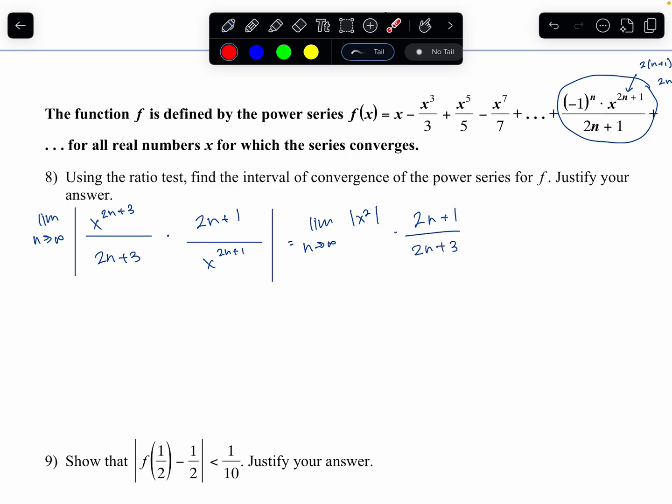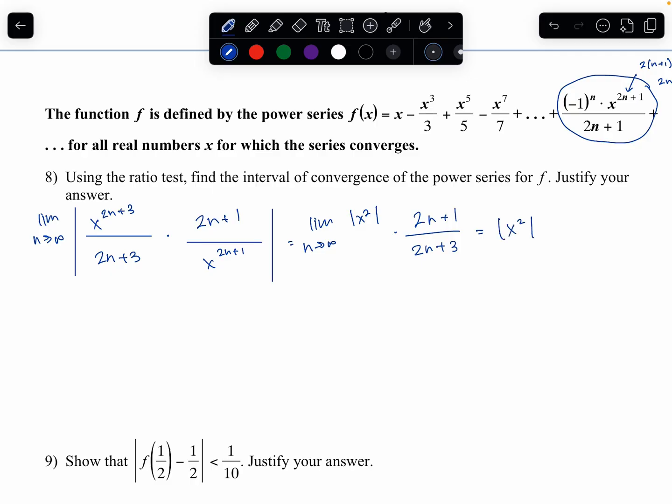You can see that the degree of the numerator and the degree of the denominator are the same, so when I apply the limit, I'm just going to focus on the coefficients, which is 2 over 2. So this limit is going to be 1, and my limit will be equal to just the absolute value of x squared.